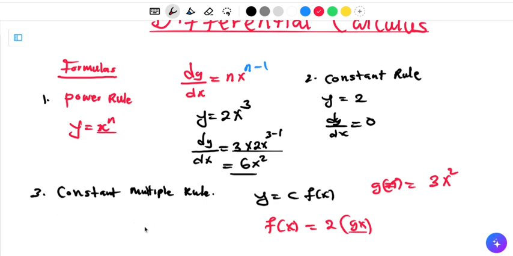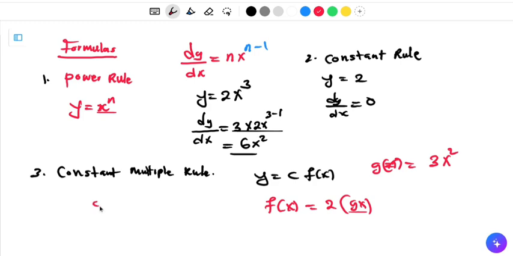let me just give you this one. Let's say we have 2, then f of x is that. So how can you go about this one? When you have this kind of equation where f of x is equal to this, the first thing, you need to find the dy/dx of this. So what is the dy/dx? The first thing, we're going to use the power law where we're going to multiply this with that.